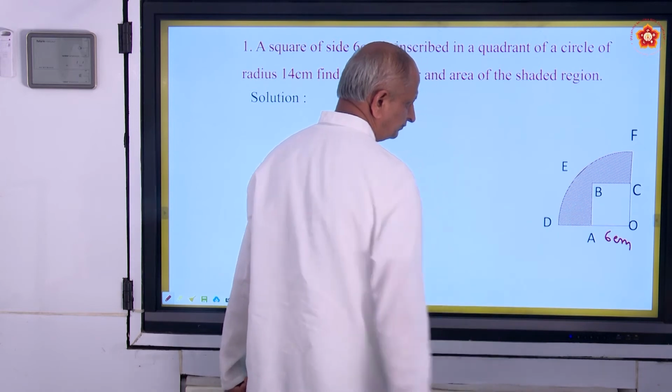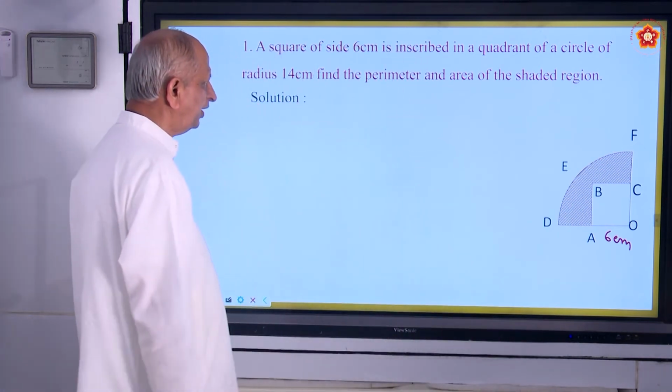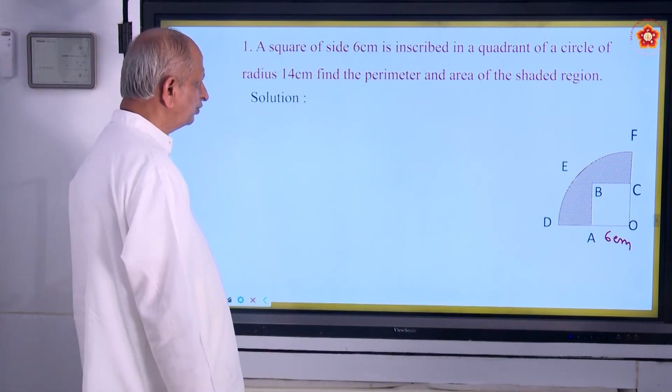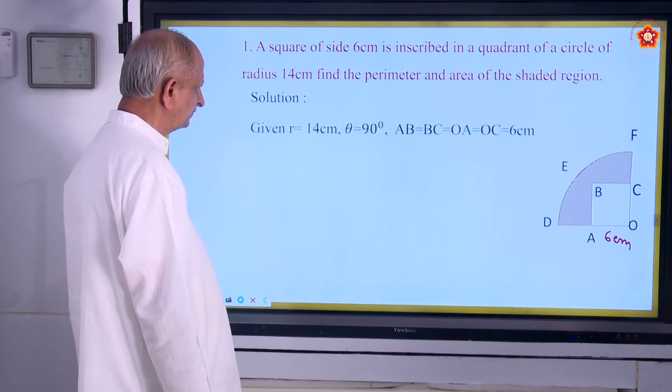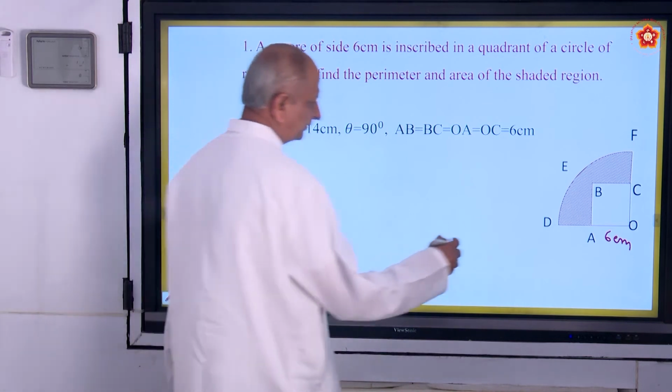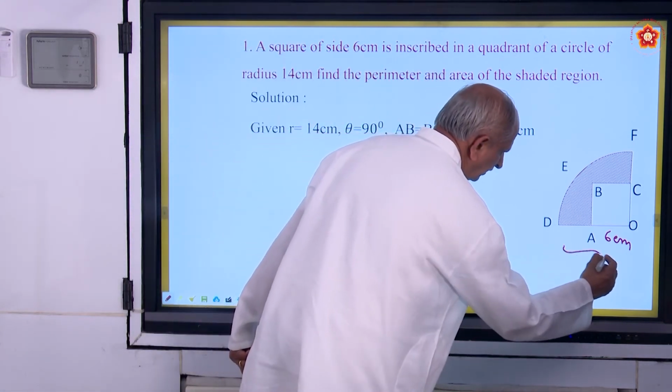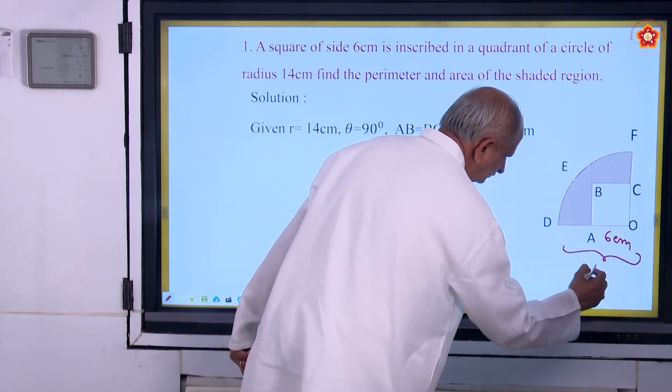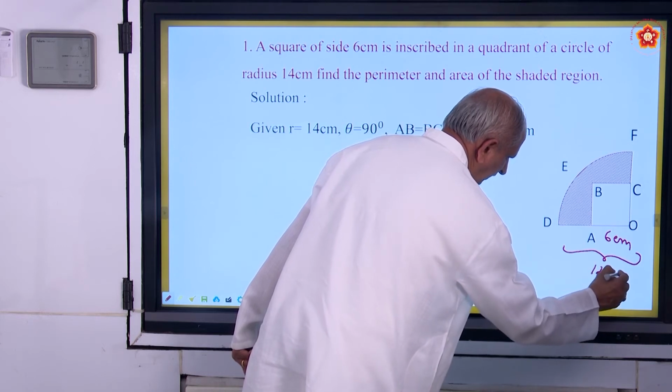To find the area, for that you have to find the area of the quadrant first. So given R is equal to 14 centimeters. This is what is called R, that is 14 centimeters.